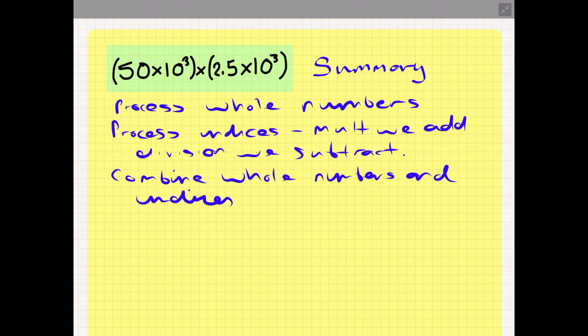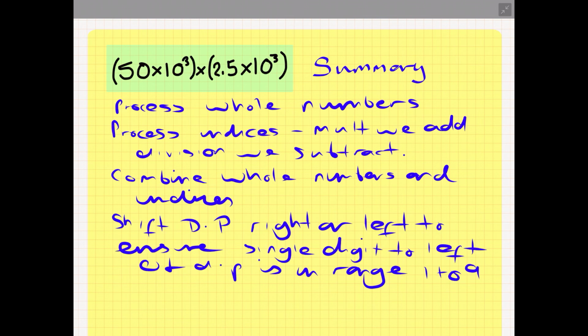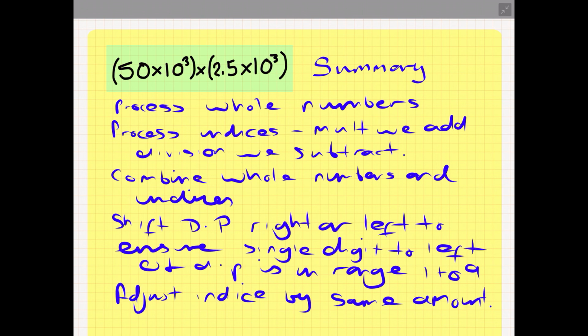We then compensate and shift the decimal point to the right or to the left accordingly, to ensure that only one single digit remains to the left of the decimal point, and the range of the values should be between 1 and 9. We then finally adjust the indice by the same amount of points or positions that we moved the decimal place, and then this will give us our answer in standard form.